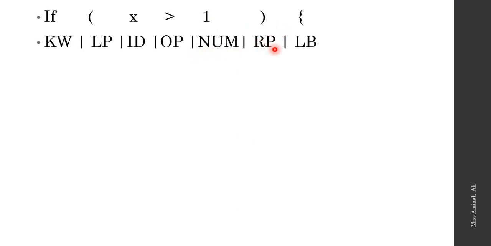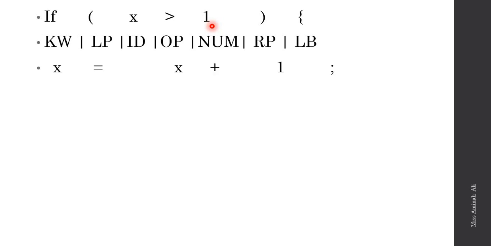This is a right parenthesis, and this is a left bracket. अब यहाँ पे हमने एक चीज़ की, कीवर्ड है, चाहे हमारे पास सिंबल है, ऑपरेटर है, आइडेंटिफायर है, या जिसे आप वेरिएबल कहते हैं वो है, या नंबर है, हर एक स्पेसिफिक चीज़ को हमने यहाँ पे एक्सप्लेन कर दिया.